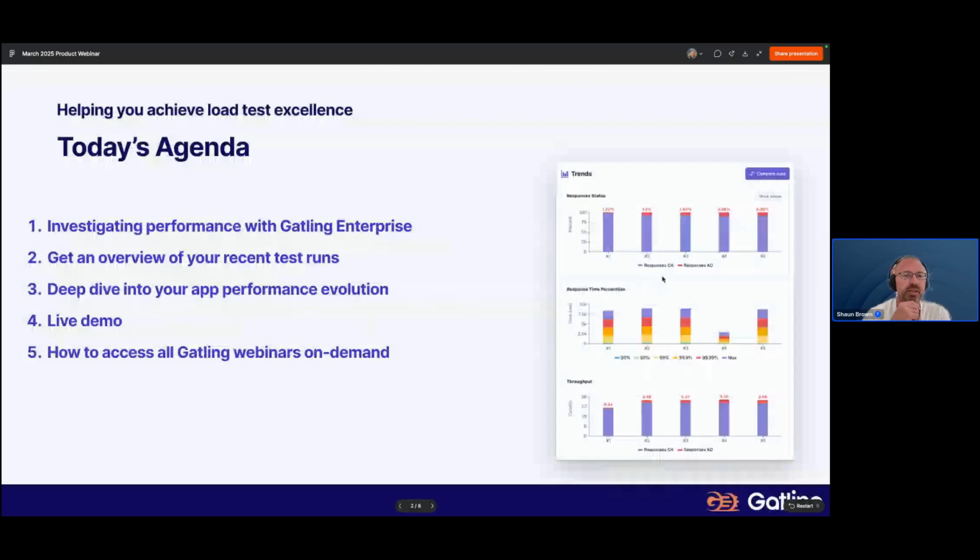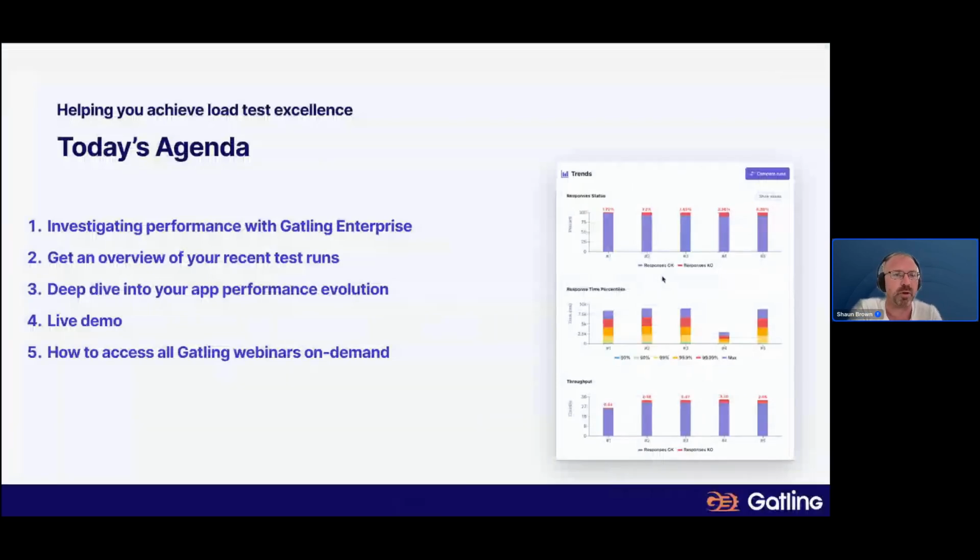All right, so this is just a quick agenda of what we'll go over today. We'll talk very generally about investigating performance with Gatling Enterprise at the highest level. Then we'll talk about how you can use multiple run comparison to get an overview of your recent test runs, how you can deep dive into your application performance evolution, and then we'll do a live demo.